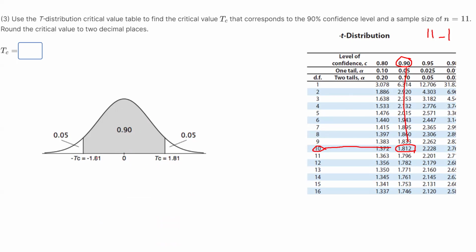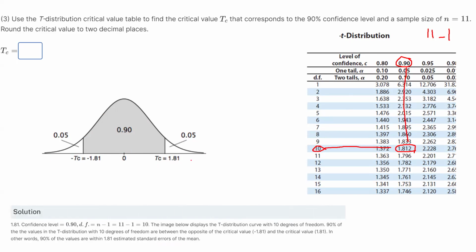If you want to visualize this, it says 90% is my confidence level. Critical values divide the probable sample statistics from improbable or unusual ones. tc is 1.81. So again, the confidence level is 90%, degrees of freedom is 10.